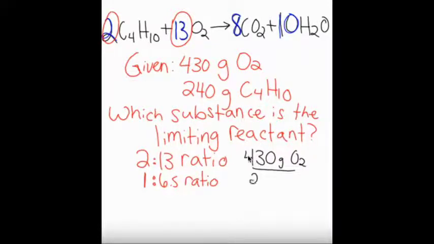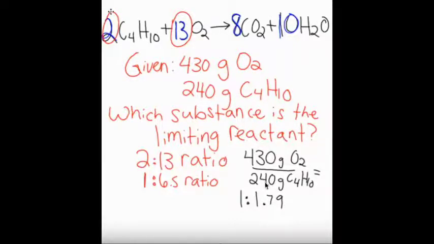You've got your oxygen on top, your butane on the bottom. We're going to see how much oxygen we have to each part of butane. So take a moment, we'll calculate that. You should get a 1 to 1.79 ratio.